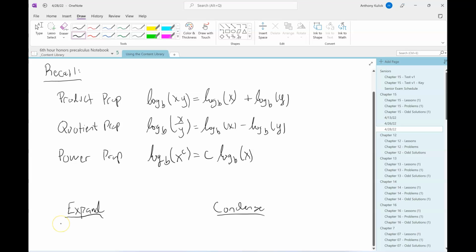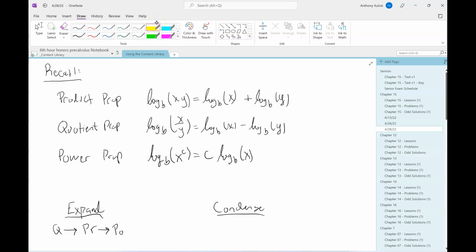So for expanding, the order in which we'd apply our properties is quotient, and then product, and then power. The goal of expanding is we want to take a single logarithm and write it with as many logs as possible.